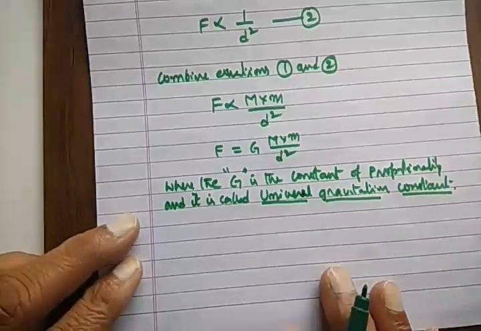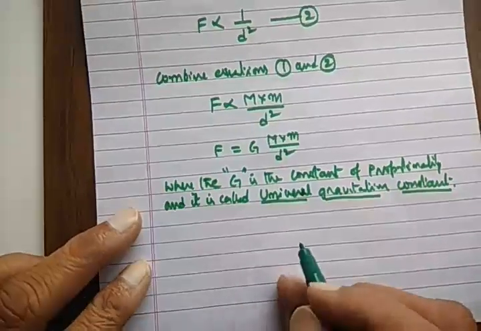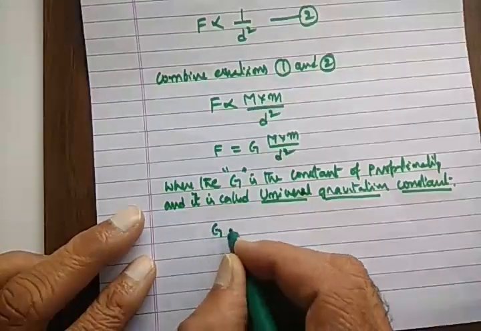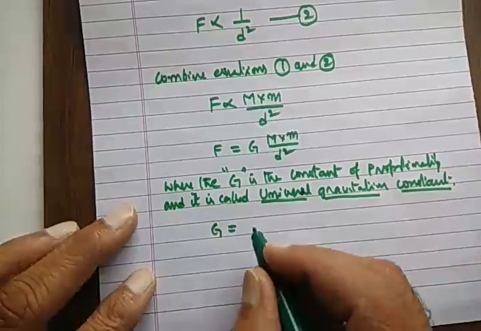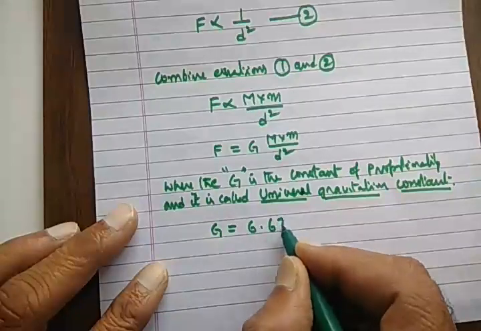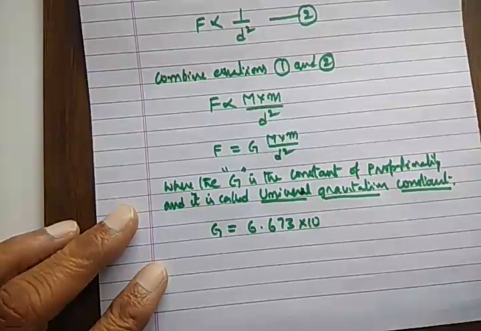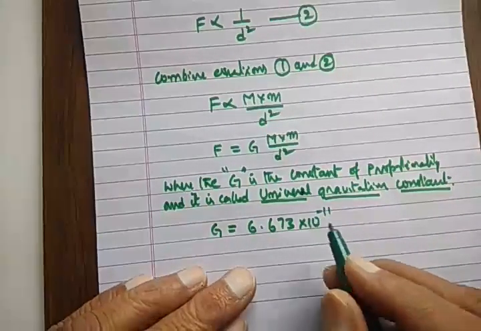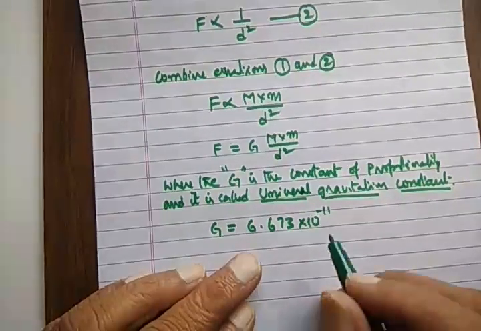Okay. So for that, actually the value is given. Anyway, we are not going to do any derivation. This is with experiments they will find a value. G is 6.673 into 10 to the power of minus 11 is the value, and it has to have units, correct?